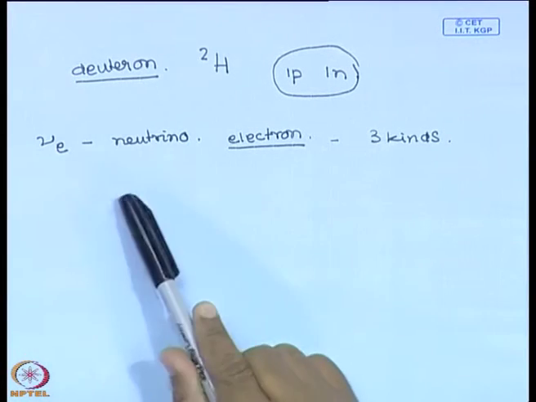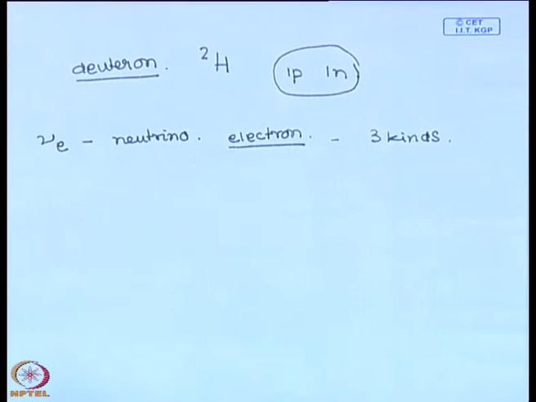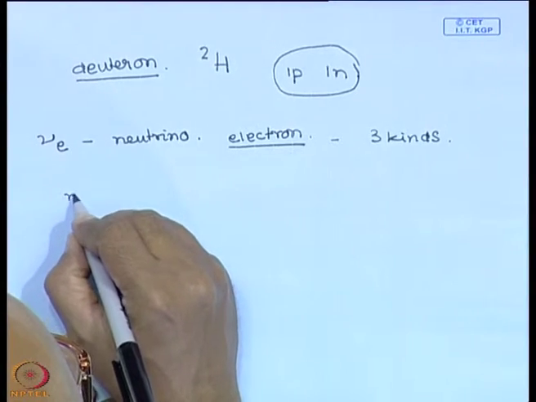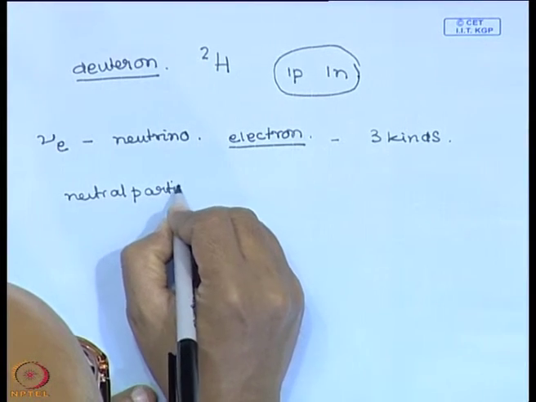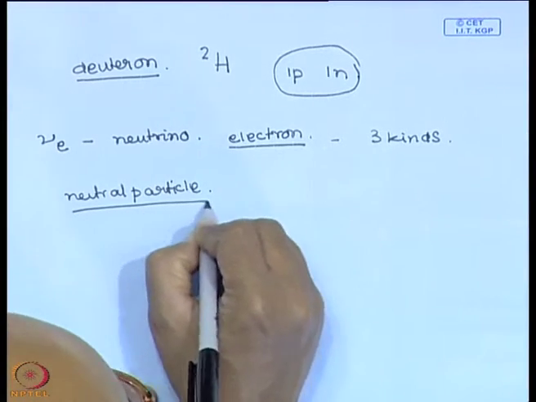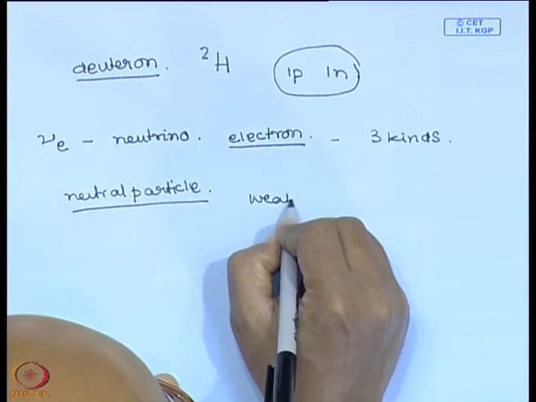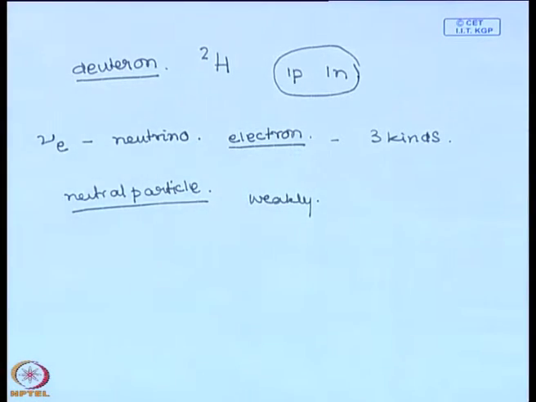In this reaction an electron neutrino is produced, and the neutrino is a neutral particle which interacts weakly with the rest of the material. It interacts only through the weak interaction. So, the neutrino in all probability just escapes from the interior of the sun, passes through the entire sun and comes out.